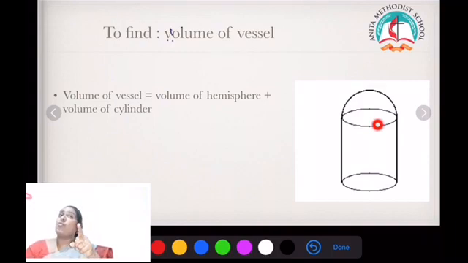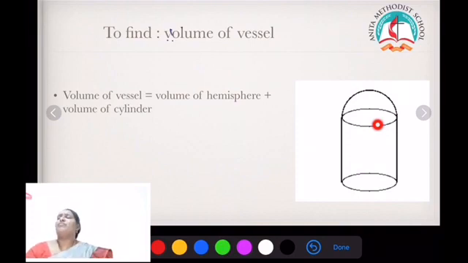Can anyone say, children? Already I taught you. The volume of a hemisphere is 2 by 3 pi r cube cubic units. Now what is the cylinder formula? Pi r square h cubic units. Okay, children. Now we know the formulas.